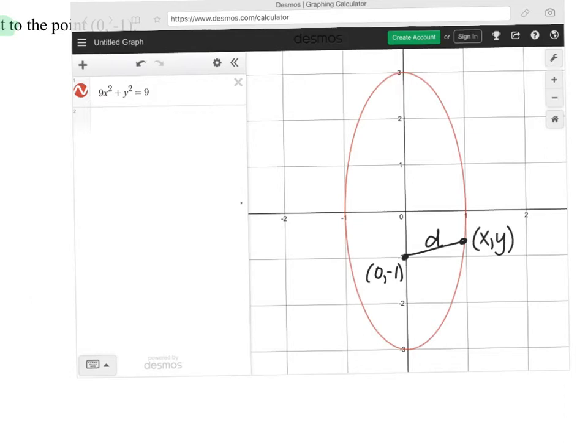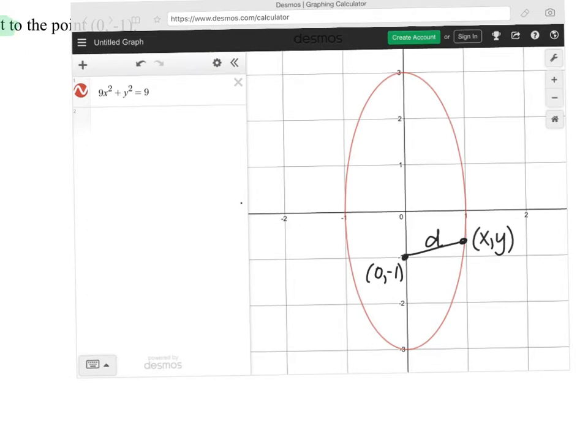But that coordinate xy, again, it has to live, if you will, on the ellipse. It's not some random point in space. So since it lives on the ellipse, the relationship between x and y must be the ellipse equation, 9x squared plus y squared equals 9.